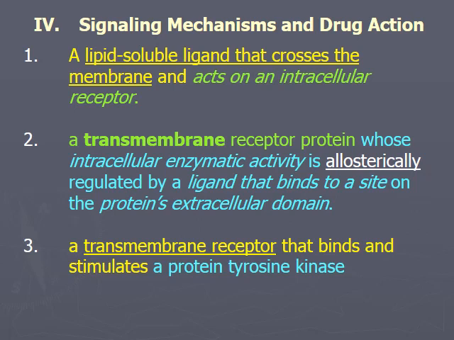So you see the suffix -ase, kinase, cyclase, telling you that this is an enzyme. A kinase is an enzyme that phosphorylates something. So a kinase will take a substrate and will phosphorylate it.